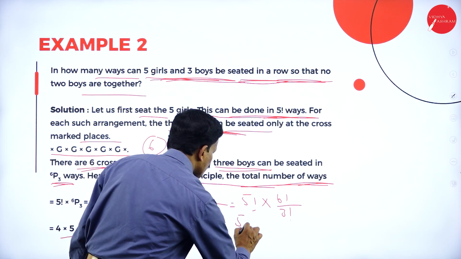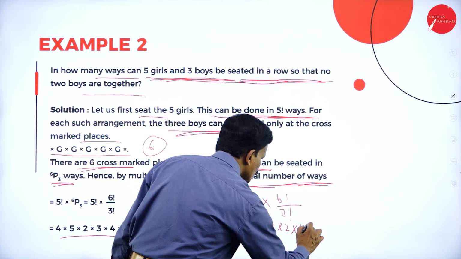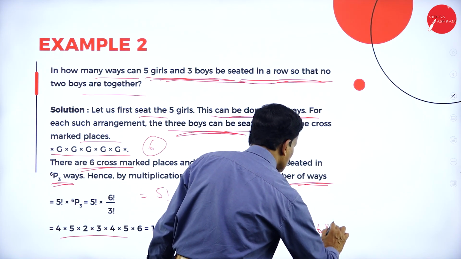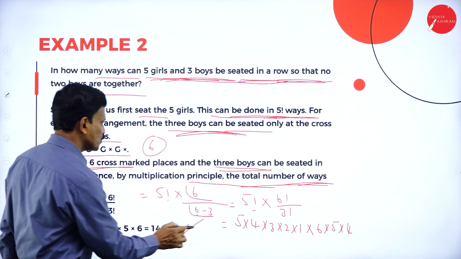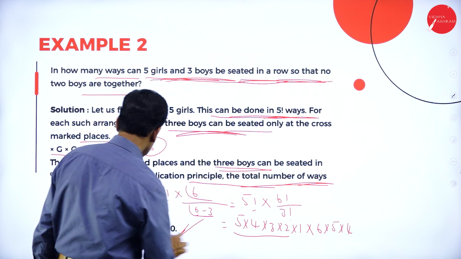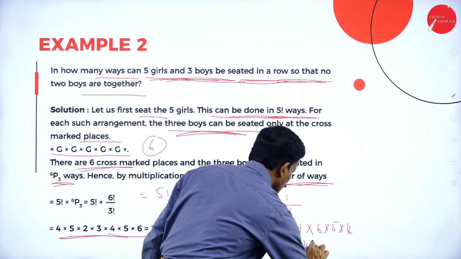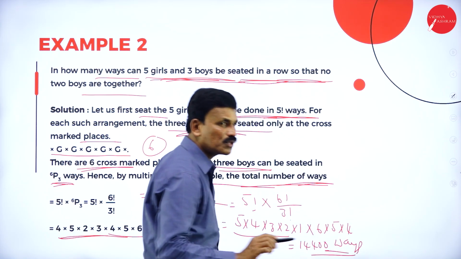Factorial 5 means 5 into 4 into 3 into 2 into 1, into factorial 6 over factorial 3, and the 3 factorial gets cancelled. We will have 6 into 5 into 4. So this is totally equal to 14,400 ways. This is the second part of the problem.